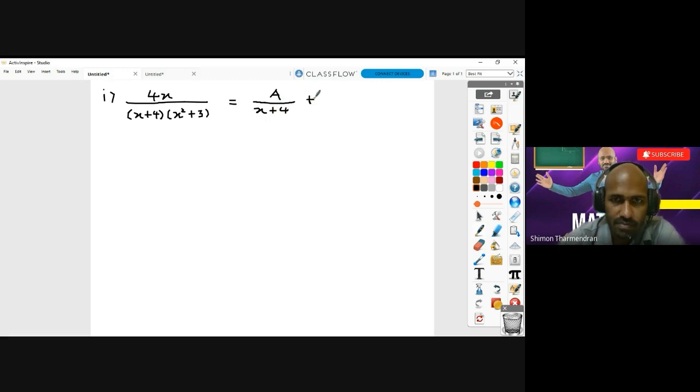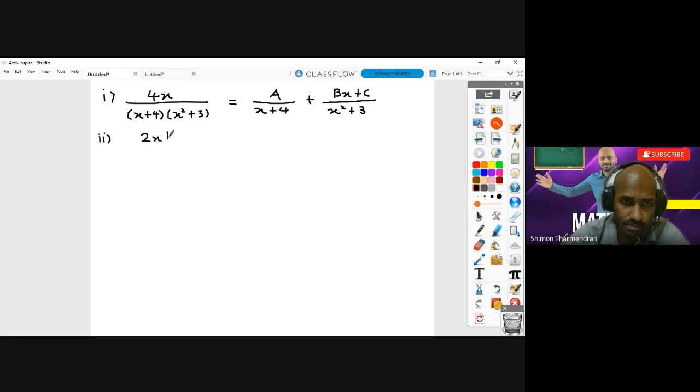Now the x squared plus 3 is a quadratic, so up there is linear, bx plus c over, because yang bawah tu adalah quadratic. The top guy is always 1 power less than the bottom denominator. That's all they want to do for part 1 of bahagian A.